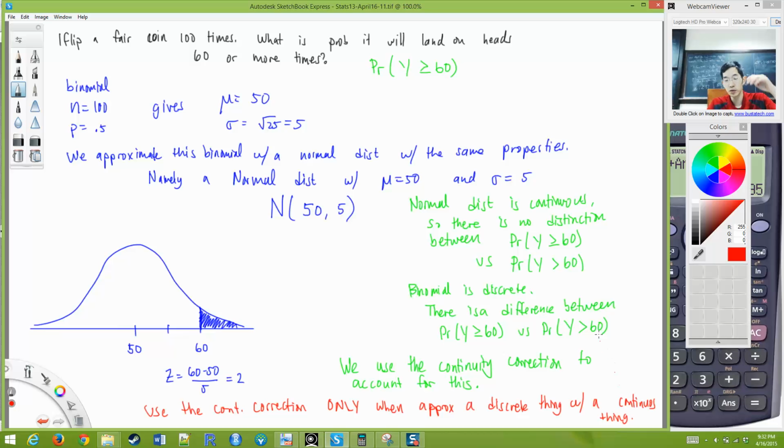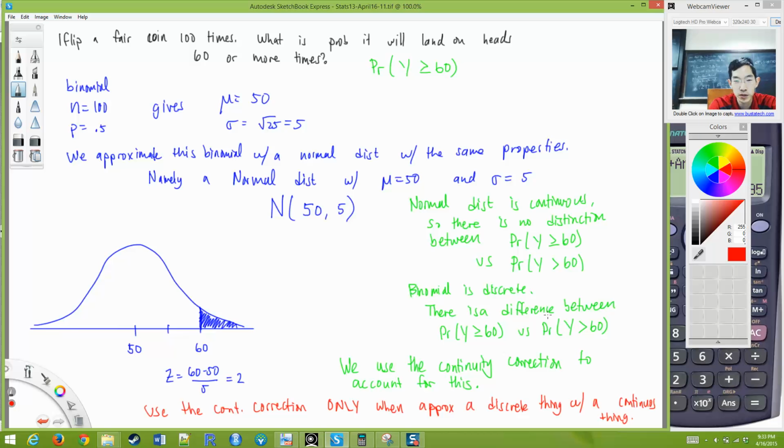Don't use the continuity correction if you're just dealing with continuous things the whole time. There's no correction there. It's just continuous, it's fine. You don't have to use the continuity correction if I say, what percentage of women are shorter than 61 inches? There's nothing to correct.